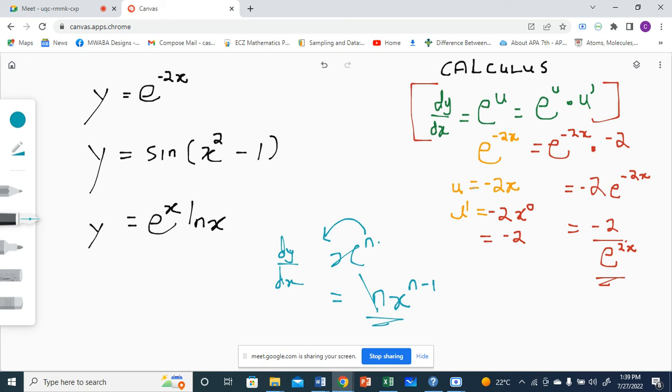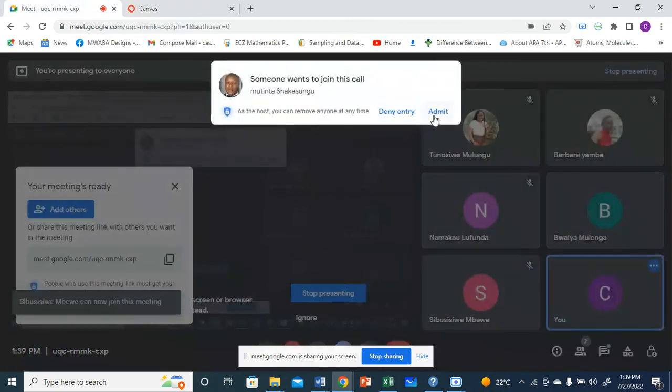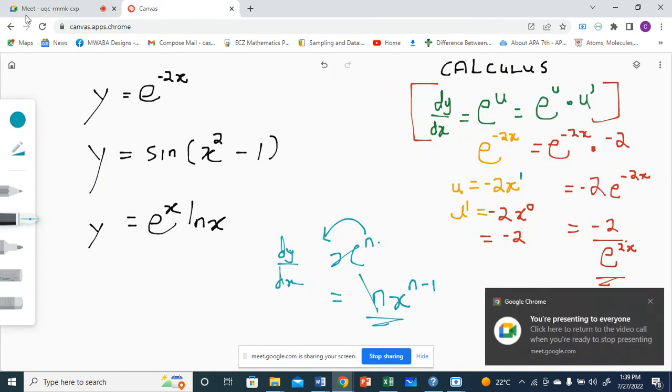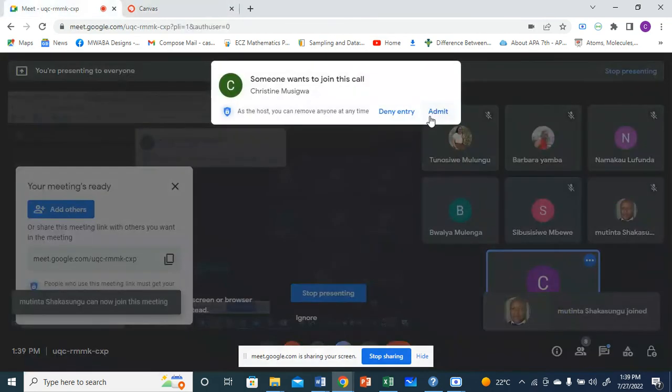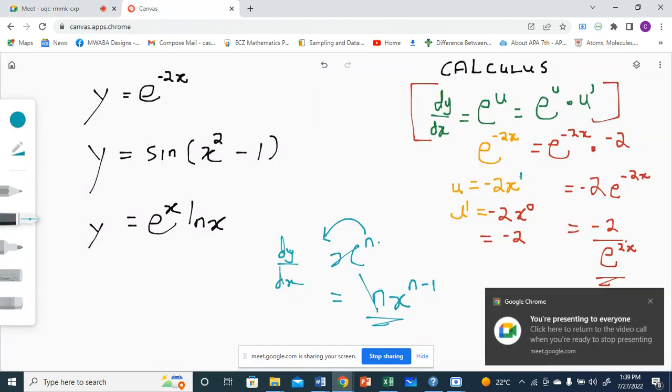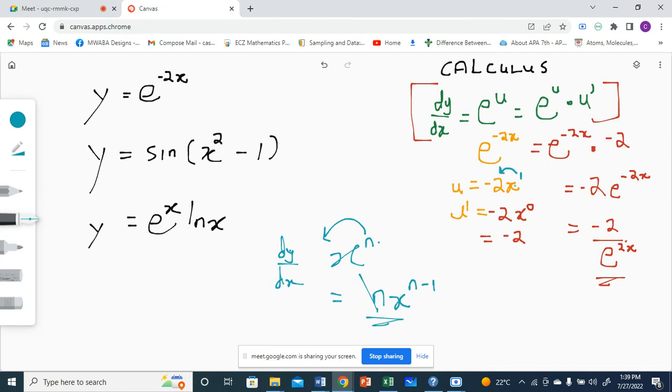If we apply that to u equals negative 2x, the exponent of our variable x is 1. Using the power rule, we multiply our exponent, which is this power 1, with the coefficient negative 2. 1 times negative 2 gives negative 2.